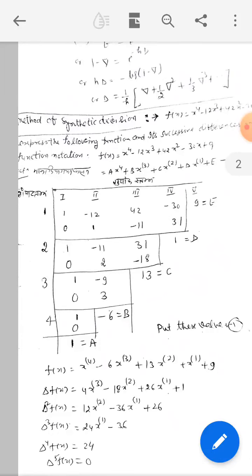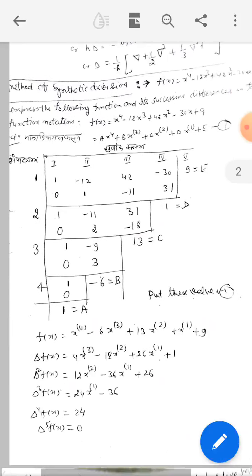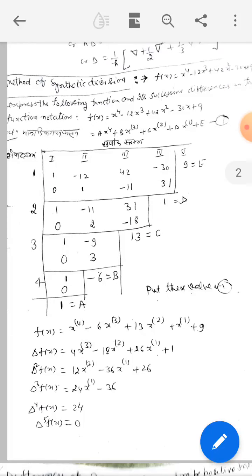This expresses the following function and its successive differences in the factorial function notation. Suppose this is equal to a into x to the power 4 (factorial notation) plus b into x to the power 3 plus c into x to the power 2 plus d into x to the power 1 plus e.